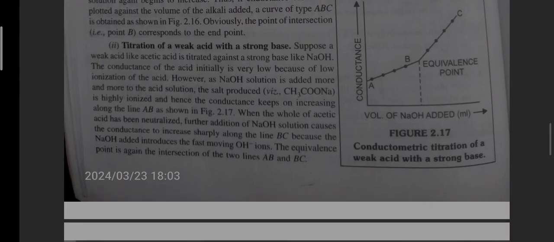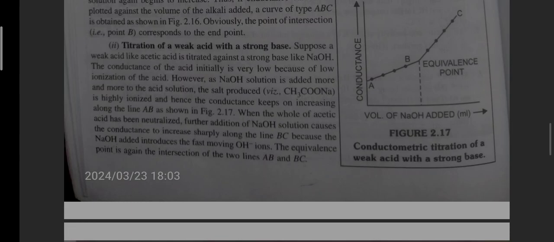Second is titration of a weak acid with a strong base. Suppose a weak acid like acetic acid is titrated against a strong base like NaOH. The conductance of the acid initially is very low because of low ionization of the acid. However, as NaOH solution is added more and more to the acid solution, the salt produced, that is CH3COONa, is highly ionized and hence the conductance keeps on increasing along the line AB as shown.